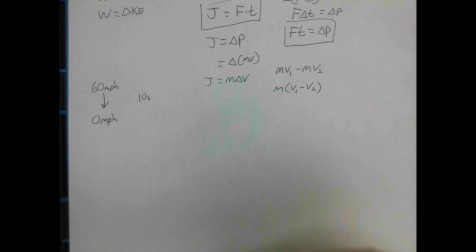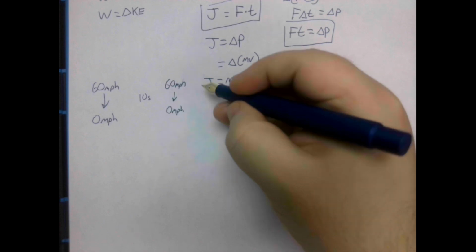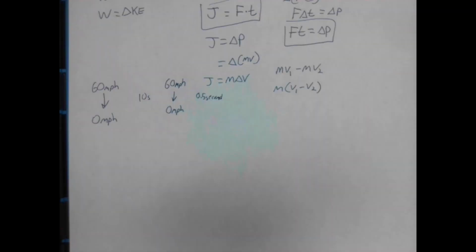Now imagine you go from 60 miles per hour to 0 miles per hour in half a second. You slam into a brick wall. How much force do you think is involved in slamming into a brick wall versus just normally slamming the brake over 10 seconds?